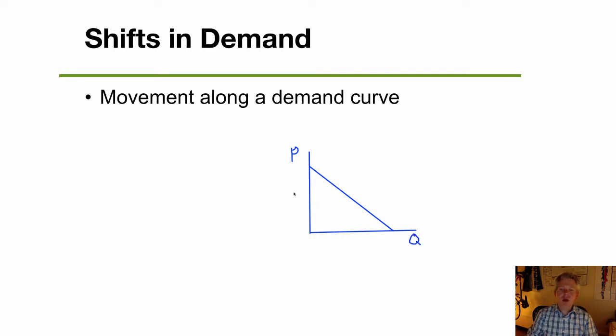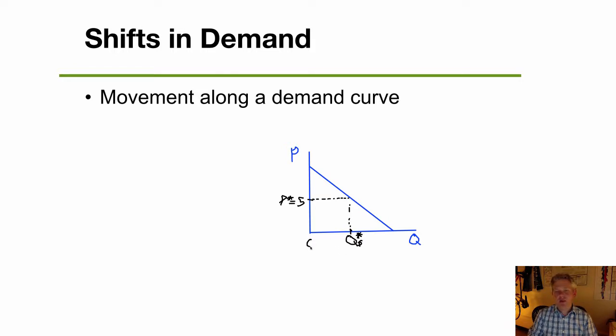So at a given price, say $5, you could go over and you could see what quantity was demanded. So let's call this QD star, and this is P star. So at a price of $5, we could see what the quantity demanded is.